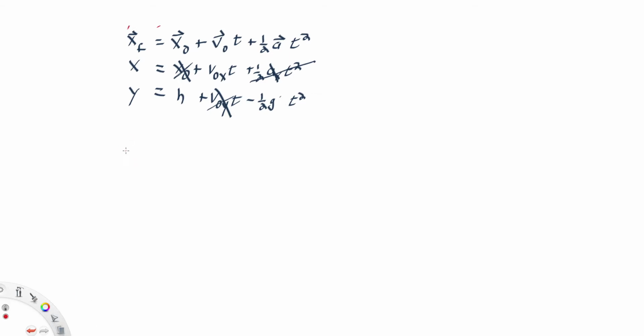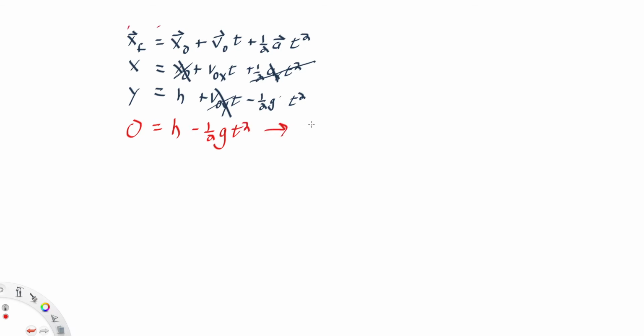Right, so we'll start with the y direction. The final value of the height is 0. The initial height is, well, we'll still write h for the moment, minus 1/2 gt squared.